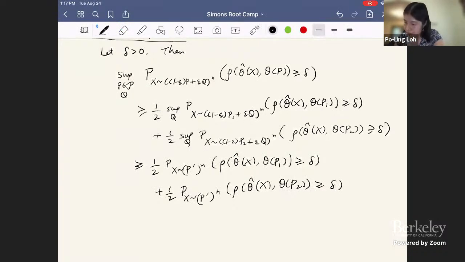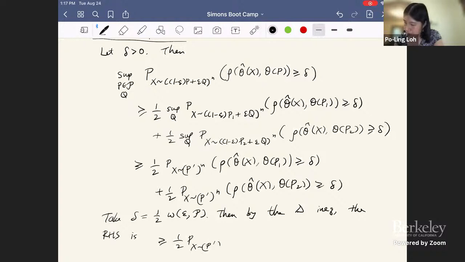So now we're going to take delta to be a particular value. Let's call it 1/2 of the modulus of continuity. Then by the triangle inequality, the right-hand side is further lower bounded by 1/2 probability X coming from P prime, rho of theta hat of X, theta of P1, theta of P2 bigger than or equal to 2 delta.